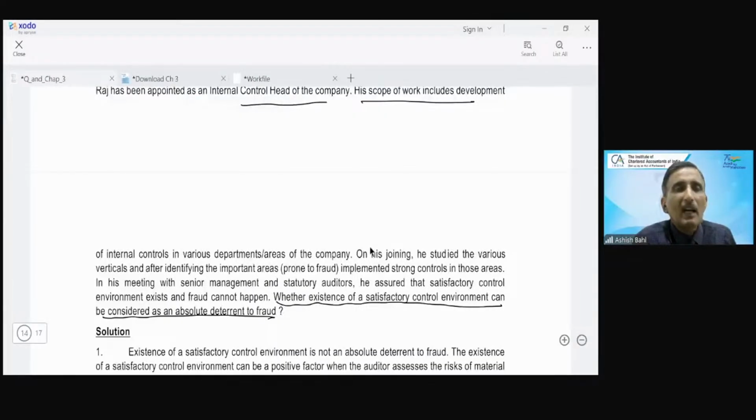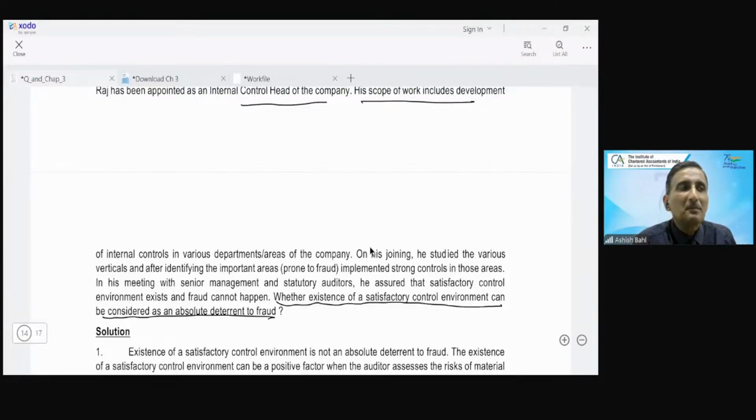Can you name all the four methods of evaluation of internal control? Yes. Tejaswin, you are writing narrative records, flow chart, internal control questionnaire, and checklist.